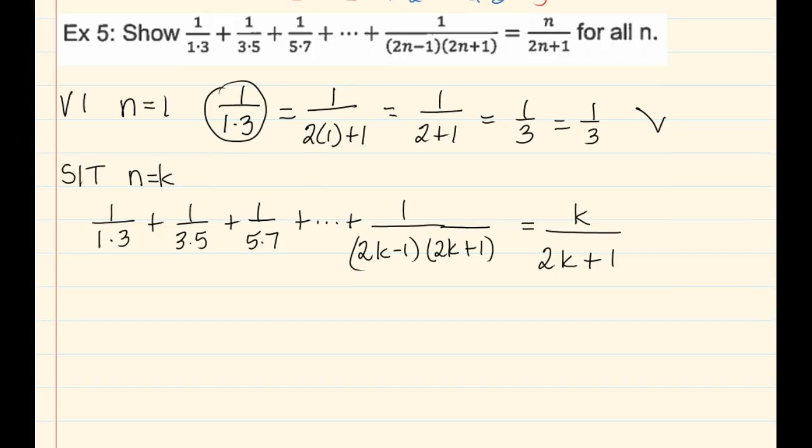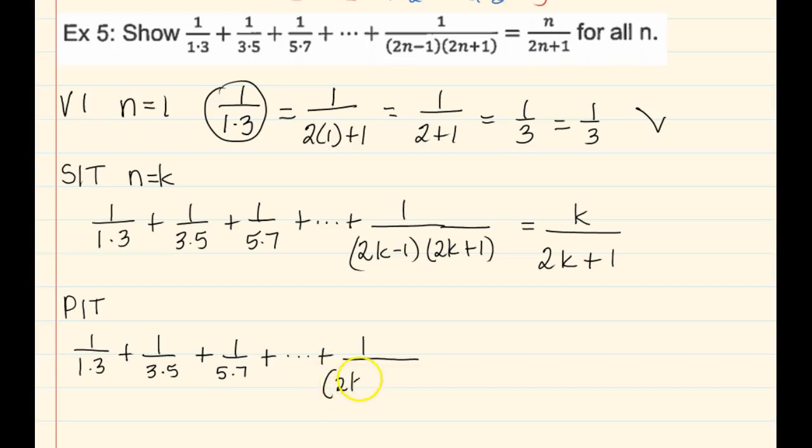So now we need to go to step 3, which is we need to prove that it's true. So let's first write down what we need to prove. We need to prove that 1 over 1 times 3 plus 1 over 3 times 5 plus 1 over 5 times 7 and all of these guys. The kth term is 1 over 2k minus 1 times 2k plus 1. Well, now we need to add one more term because remember we're trying to show that this is true when n is equal to k plus 1.